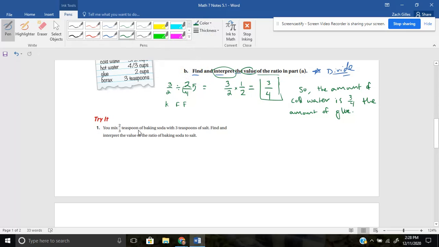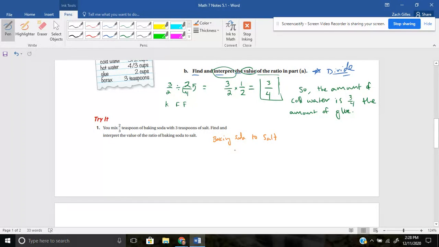Okay, it says you mix 2/3 teaspoon of baking soda with 3 teaspoons of salt. Find and interpret the value of the ratio of baking soda to salt. So notice how the directions are the same. Find and interpret the value of the ratio. It wants to know the ratio of baking soda to salt.